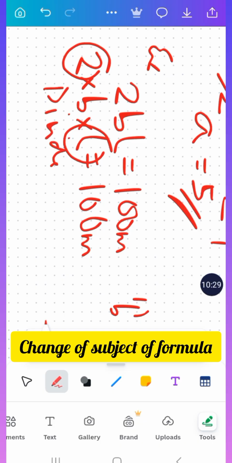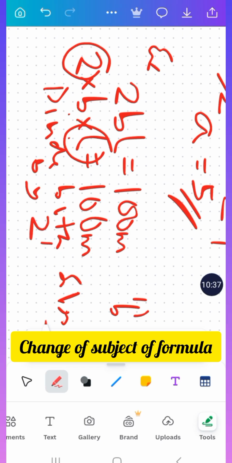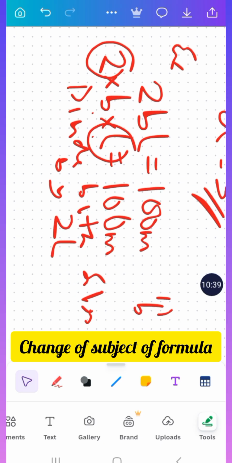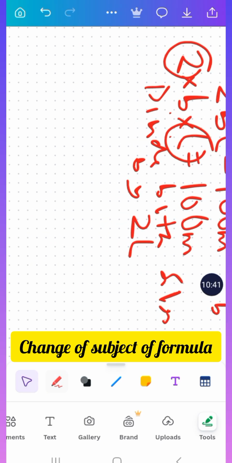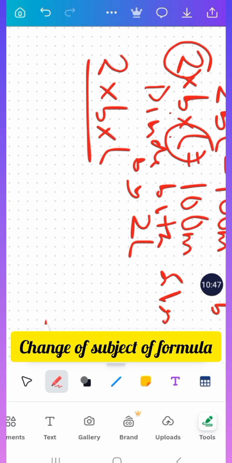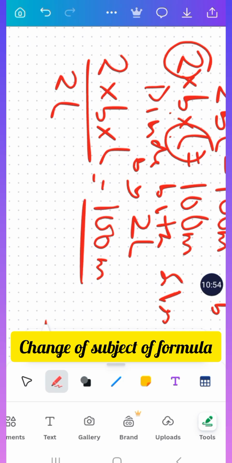I will say divide both sides by 2L. Such that I have 2 times B times L over 2L equals 100m over 2L.